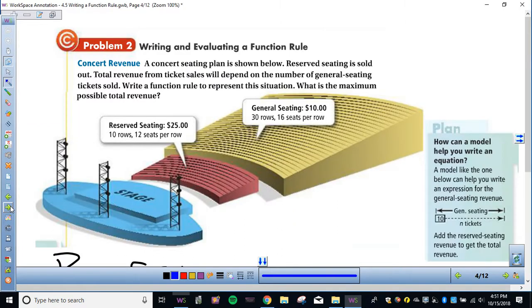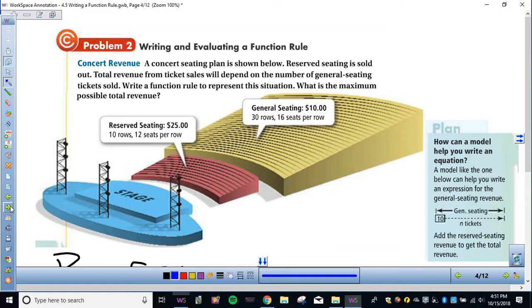Okay, now you've got this beast. Let's read it. Problem 2, writing and evaluating a function rule. So now we're going to write the equation, plug in a number, and get a solution. Writing a function rule and evaluating, as I said, means writing the equation and plugging a value in.